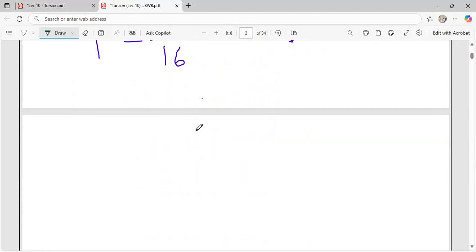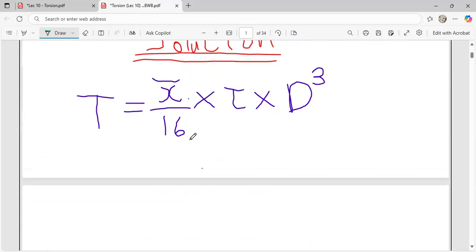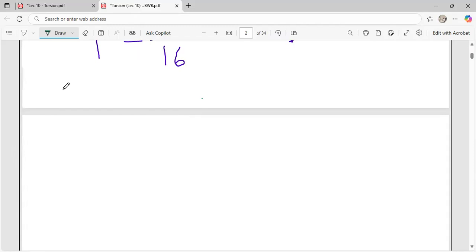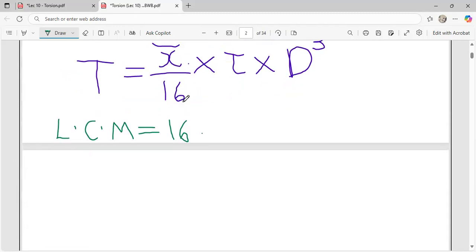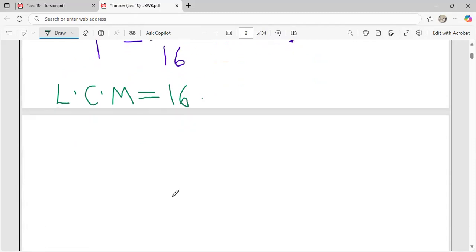But before that, we have to find the LCM. Our LCM is going to be equal to 16, because that is the highest common denominator.